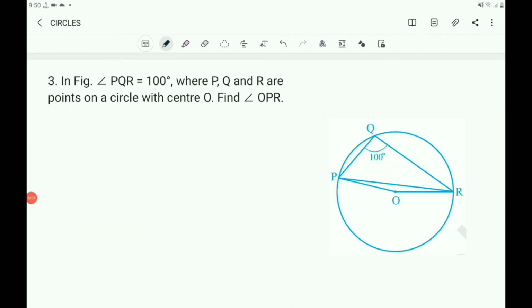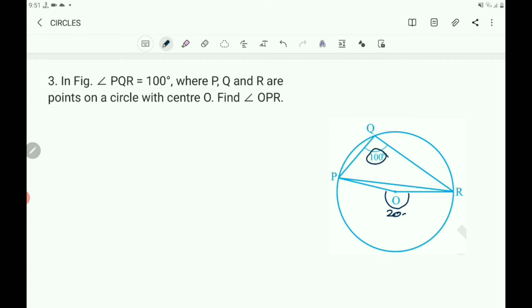Now let us take the third question. What is that question? In the figure, angle PQR equals 100 degree, where P, Q and R are points on a circle with center O. Find angle OPR. Now it is given angle PQR equals 100 degree. And also you know that the measurement of this angle must be double of this angle.